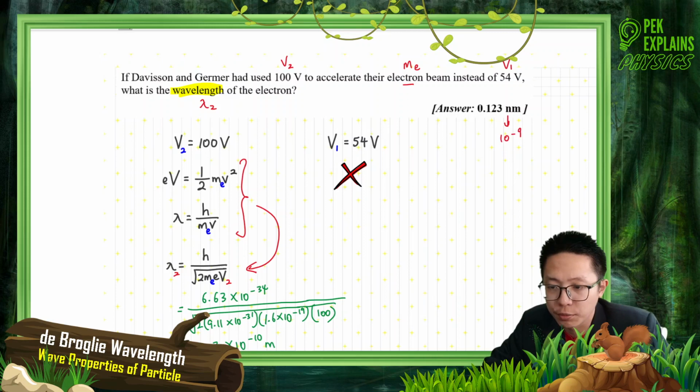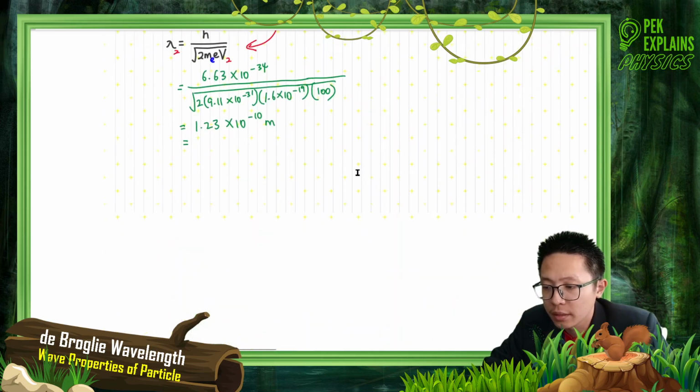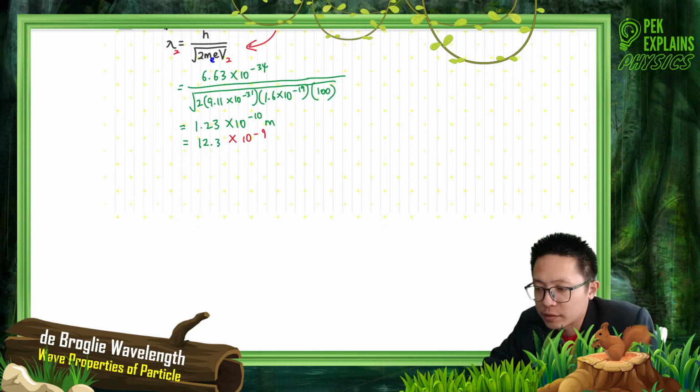So I need to get exponent negative 9. That means this is negative 10, so I need to make the value bigger.